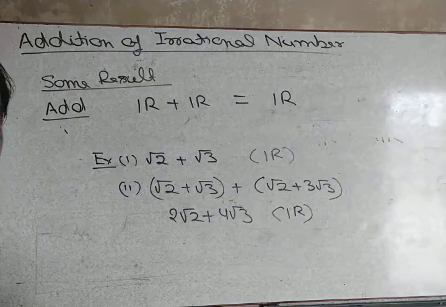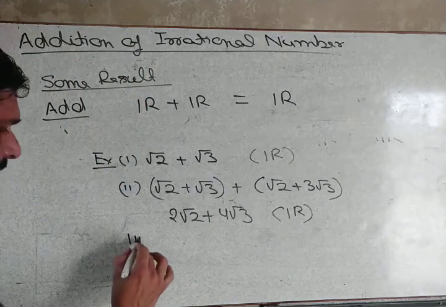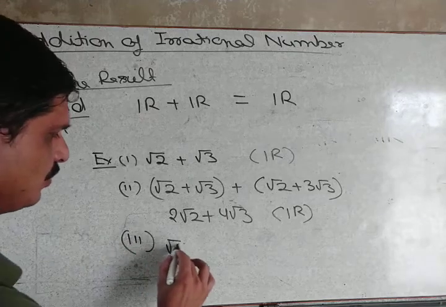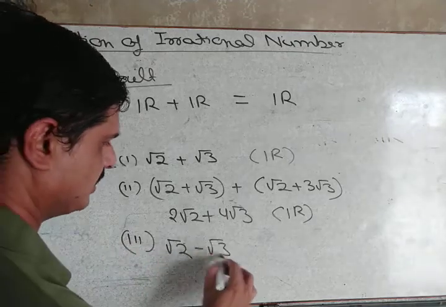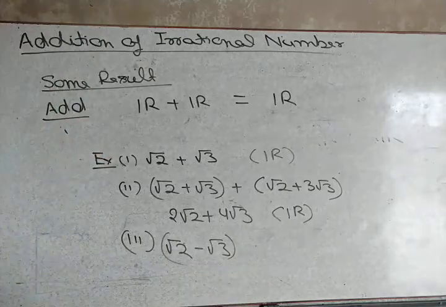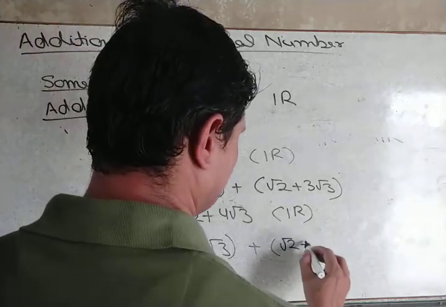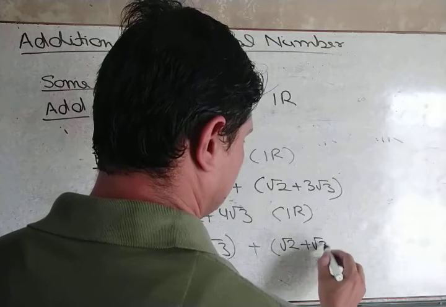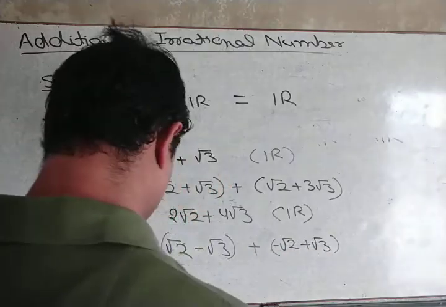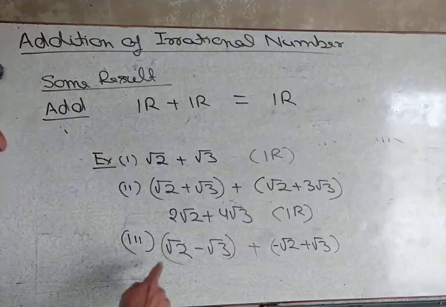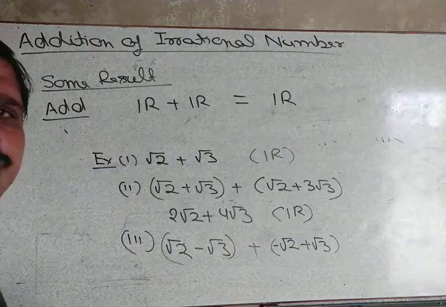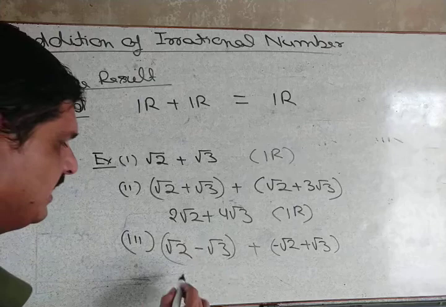Now, the third case. If we add root 2 minus root 3 with root 2 plus root 3, and this is minus. This time I have taken the opposite sign, and when we add, what will we get?